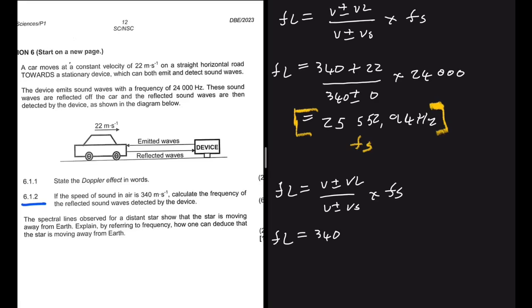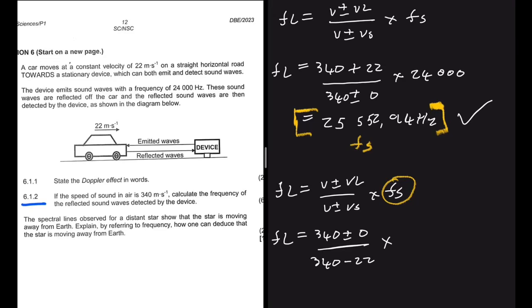We know that it is stationary, so we have plus or minus 0, divided by 340, and now our sound source, the car, is moving towards the device, so we have 340 minus 22, multiplied by the frequency of the source, which is what we calculated here, 25,552.94 hertz. That is the frequency being reflected by the car.